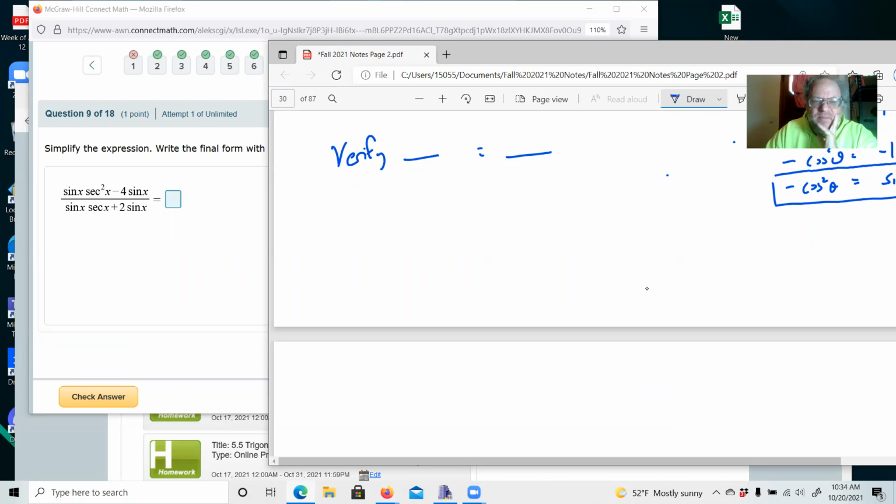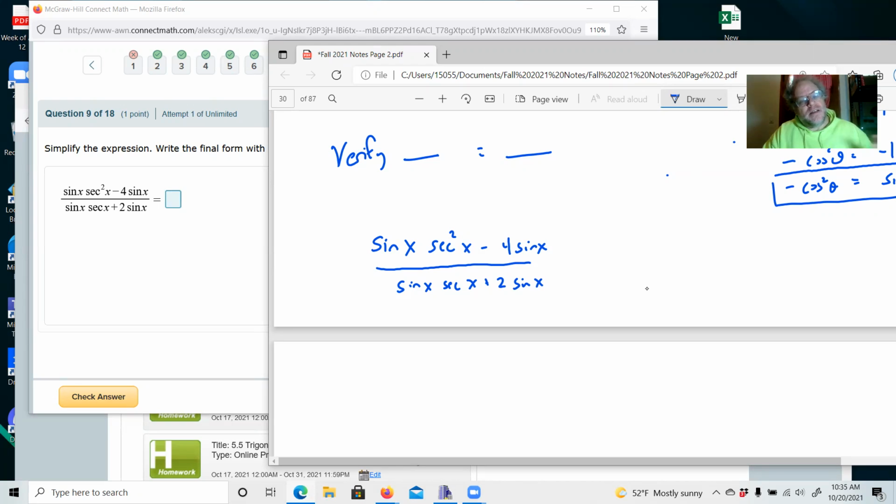So this is going to be sine x secant squared x minus 4 sine x. This is sine x secant x plus 2 sine x. Let's see here.